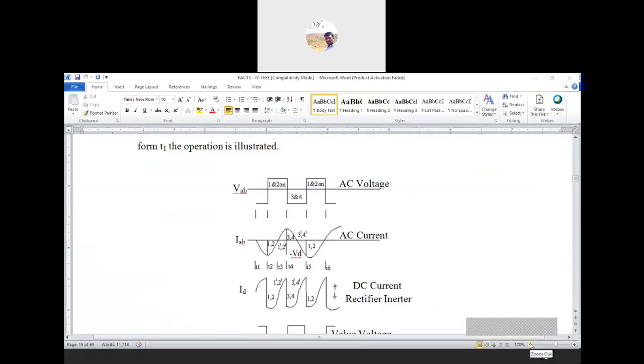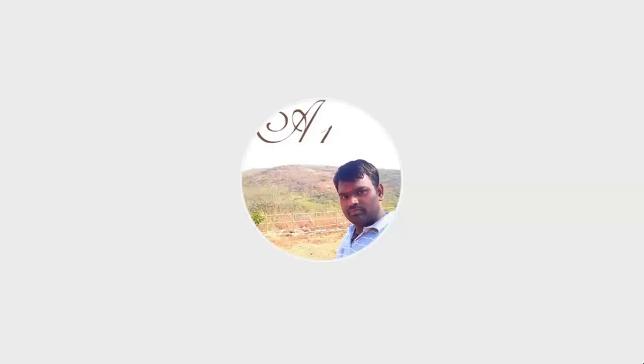At another instant, due to the reversal current flow, reversal current will take place. Due to the 4 dash and 3 dash diodes, reverse current will flow, and it will act as a rectifier.